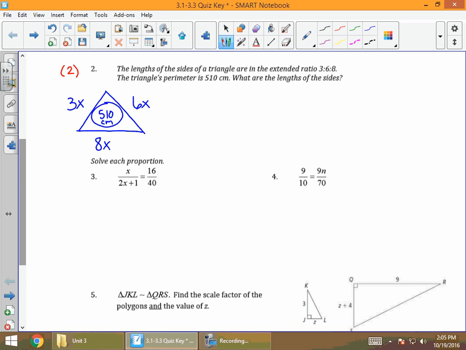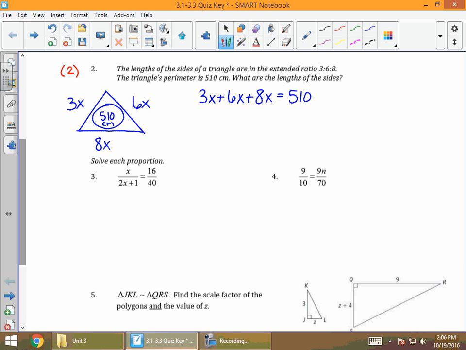I like to write the perimeter inside the figure for my own personal liking. If you want to write it off to the side, go ahead. The perimeter is what I get when I add up the outside. So if I add 3x, 6x, and 8x, the 3 sides, it has to equal 510.